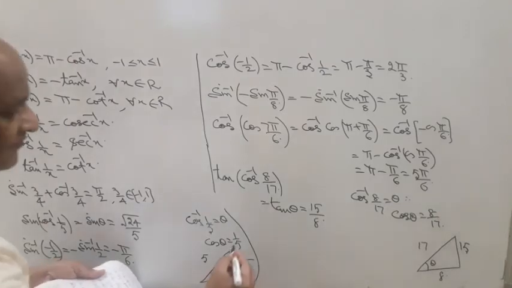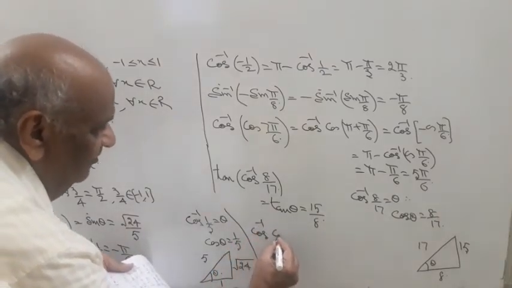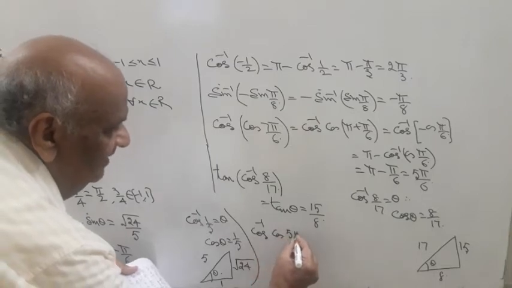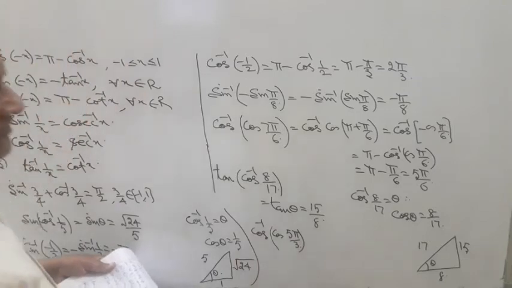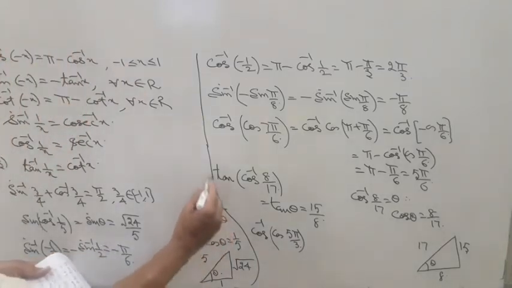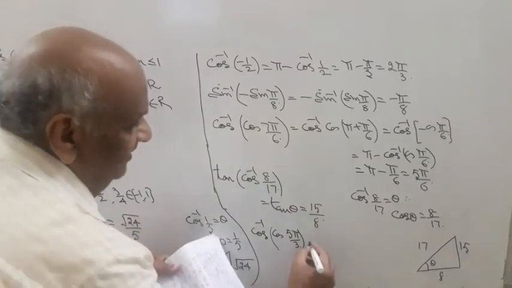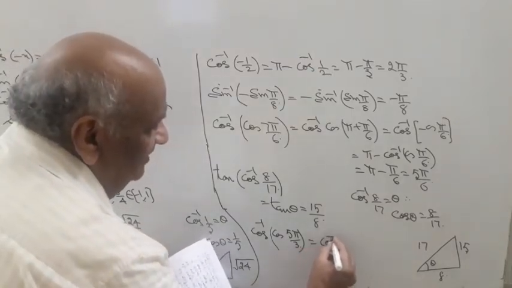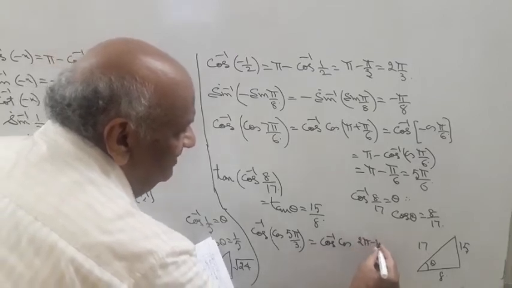Say one more: cos inverse of cos 5 pi by 3. Check out. This becomes cos inverse of cos of 2 pi minus pi by 3.